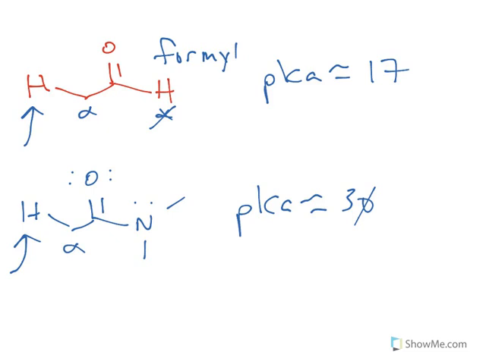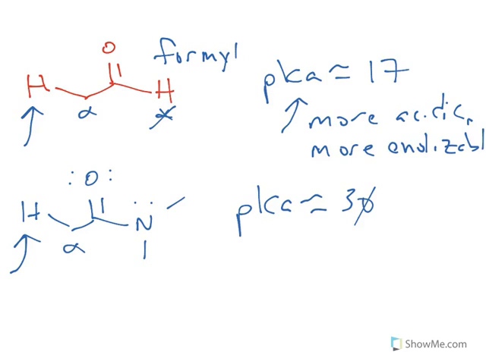Which one's more acidic? The aldehyde. If it's more acidic, it also means more enolizable. So the amide is less enolizable. In fact, it's the least enolizable that we've seen thus far.